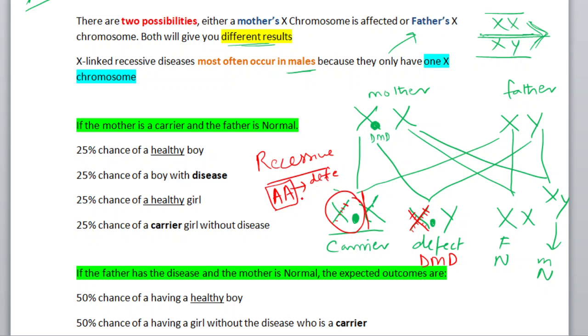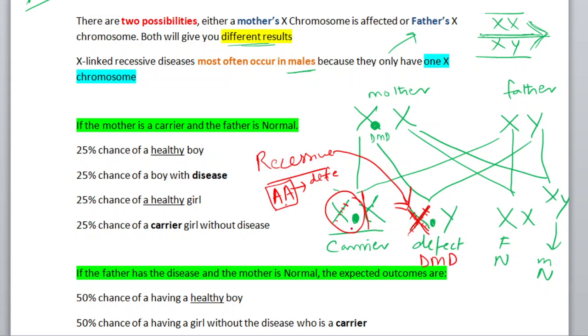Okay, but still you see he has only one X chromosome which is defective, and still he is affected. Why? Because he has only one X chromosome. He doesn't need two homologous chromosomes. So only one defective X chromosome, when transferred from the mother, can lead him to Duchenne muscular dystrophy.